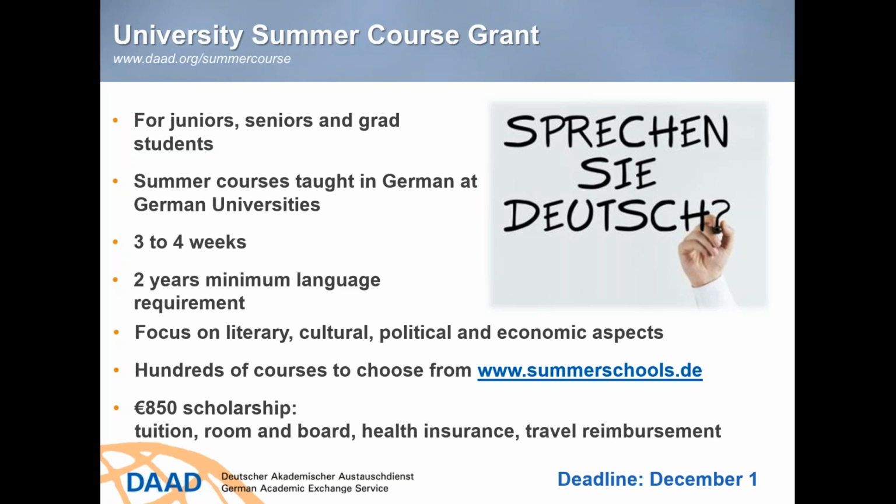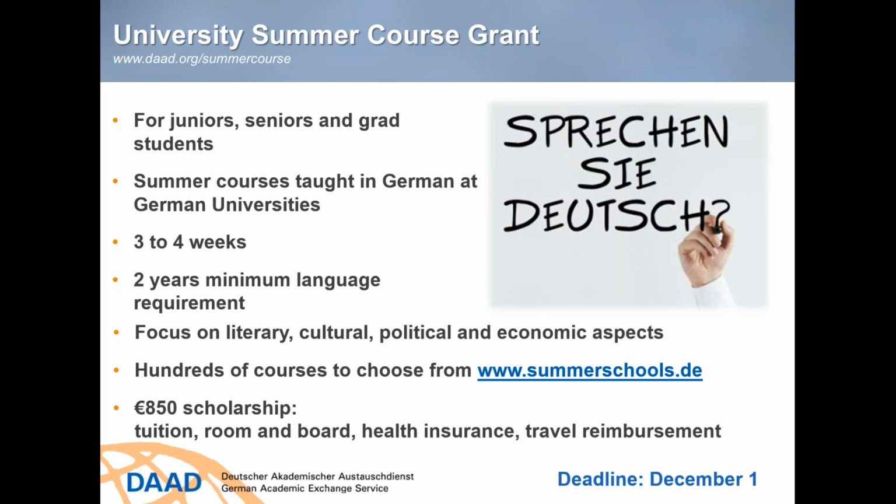You'll see down here in the 6th bullet point, there's a URL, summerschools.de. That address has a database of summer schools on offer from German universities. You will see very clearly there's a black sun type logo which marks all those programs which are eligible to receive support through this grant.